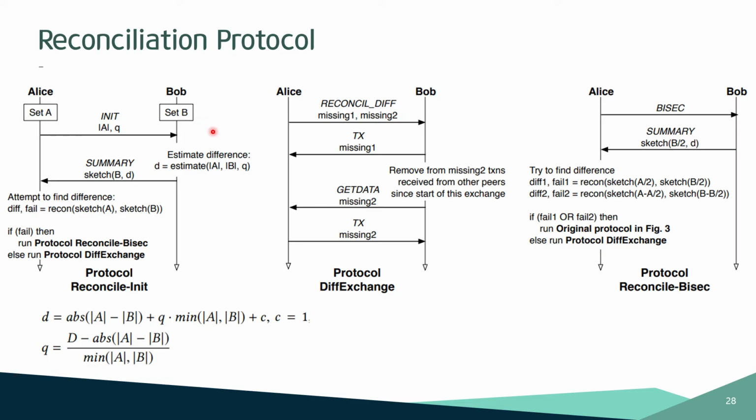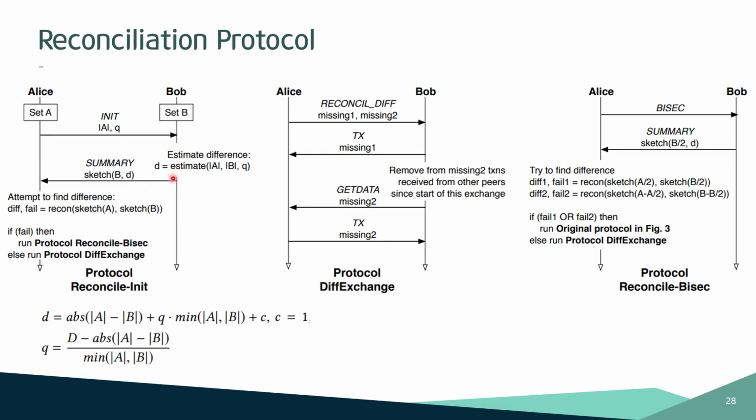Bob estimates D, derived from this equation, and creates his sketch using A, B, and Q. In other words, it predicts the difference and makes the syndrome, that means sketch value.